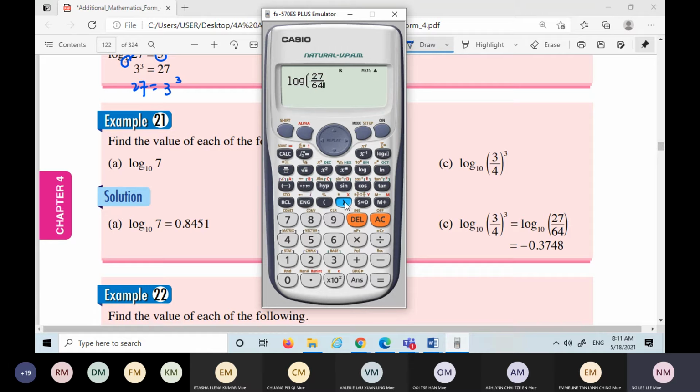Oh no. Again, log. I'm not good at using this calculator. 64, I think I had to close the bracket. So this is the answer.